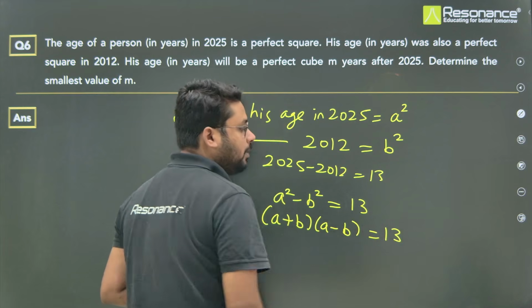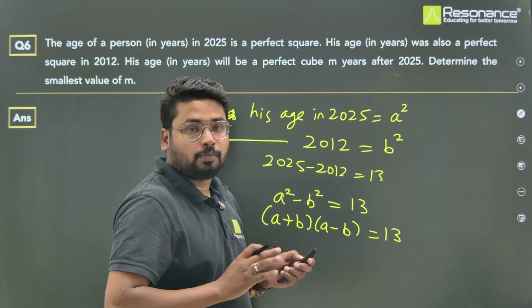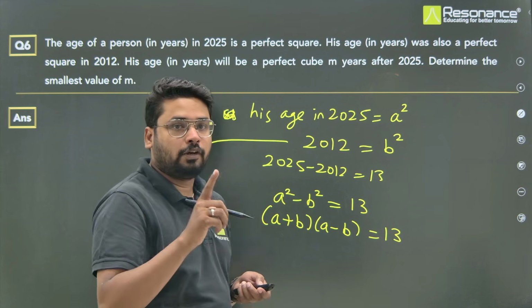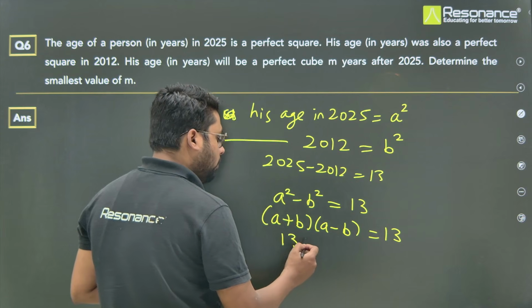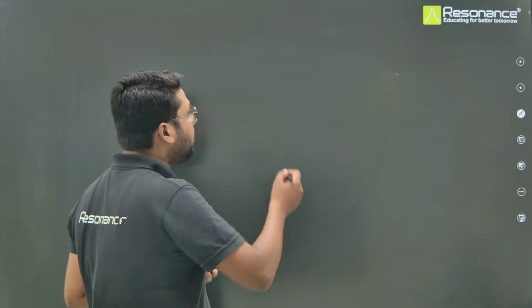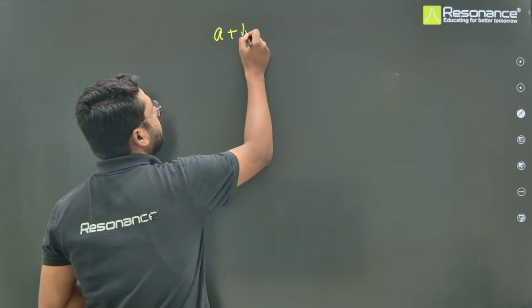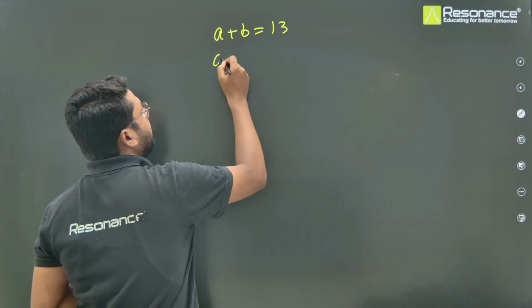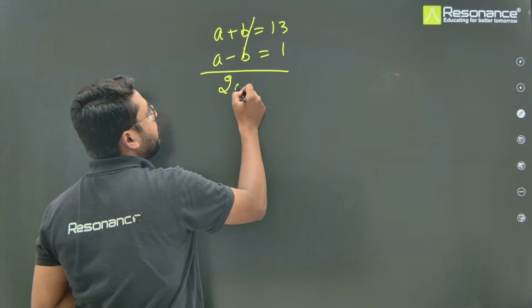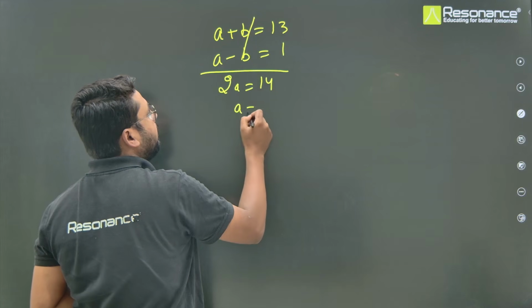This shows that the product of two numbers is 13, and 13 is a prime number. So there is only one possibility, 13 into 1. So a plus b is 13 and a minus b is 1. By elimination, 2a is 14, a is 7.